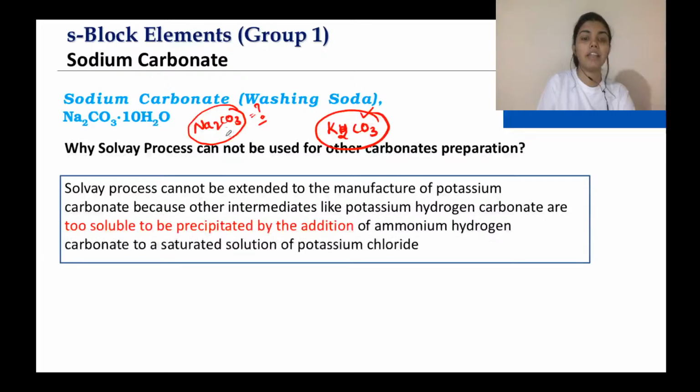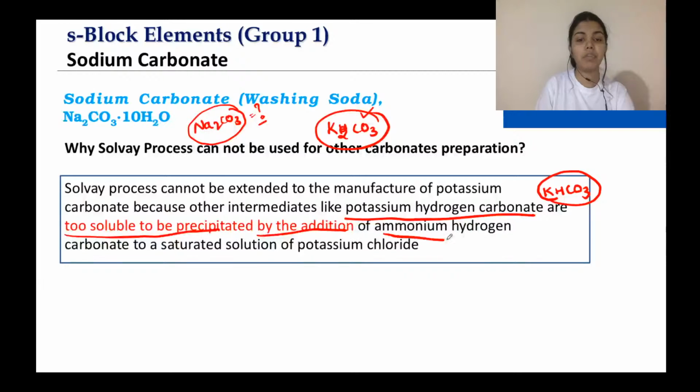The reason lies in the principle on which the Solvay process is based, the low solubility of sodium bicarbonate in water, right? But potassium hydrogen carbonate, that means potassium bicarbonate, KHCO3, is too soluble to be precipitated by the addition of ammonium hydrogen carbonate, right?